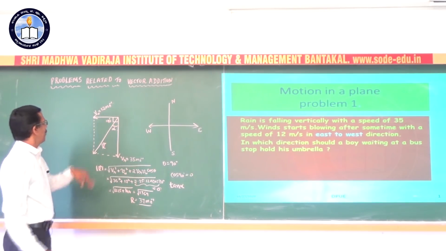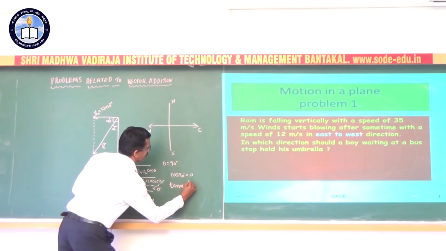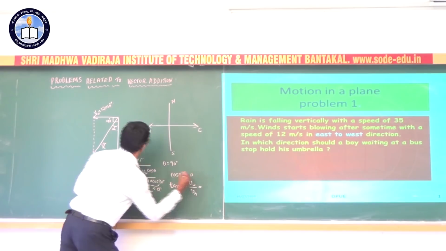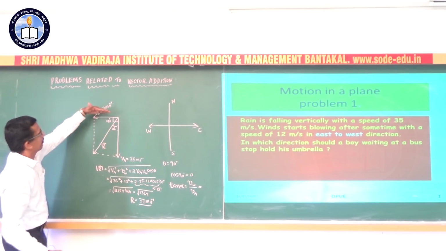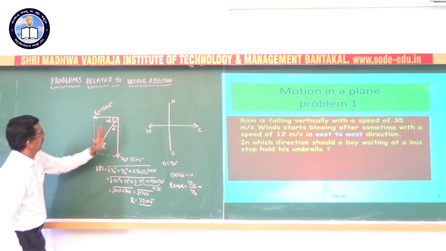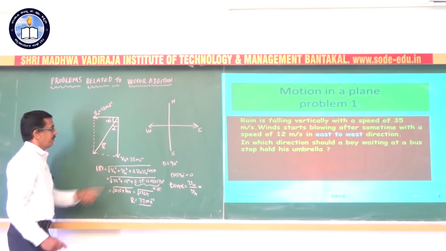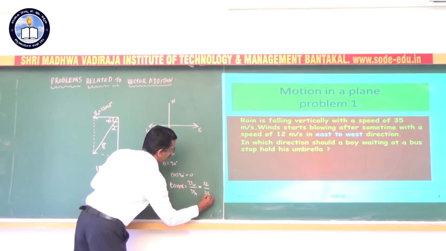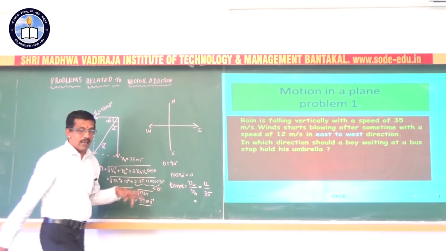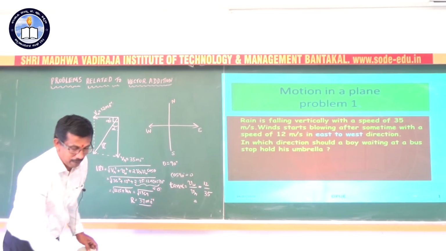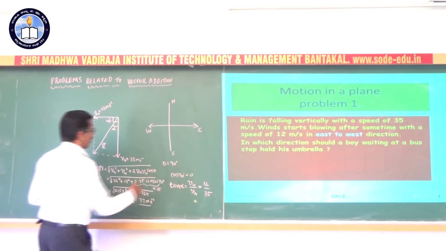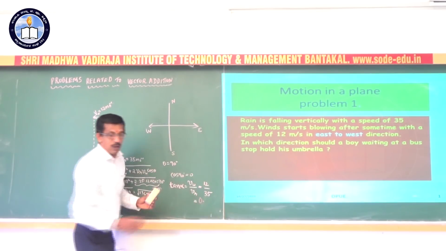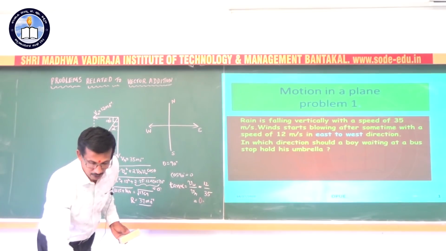Tan alpha is nothing but VW by VR, because opposite side is VW and adjacent side is VR, that is 12 by 35. VW by VR works out to be nearly 0.34.